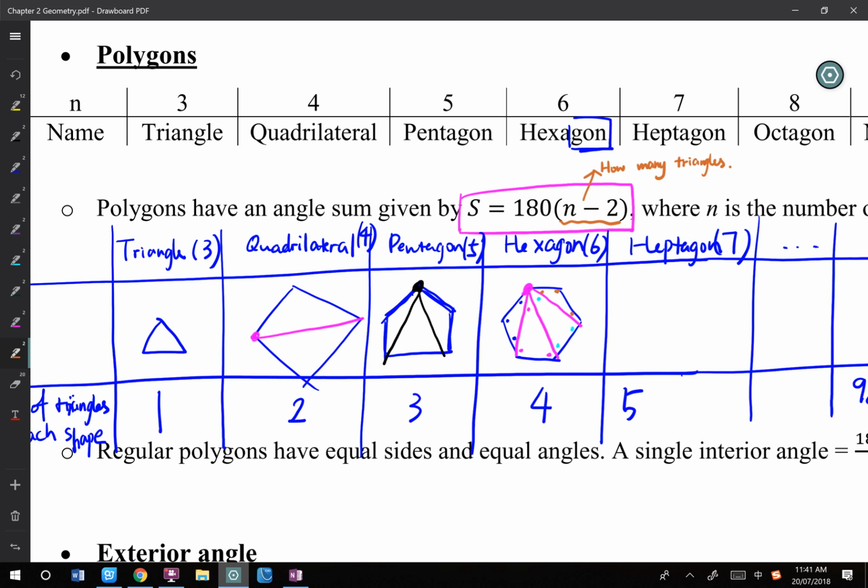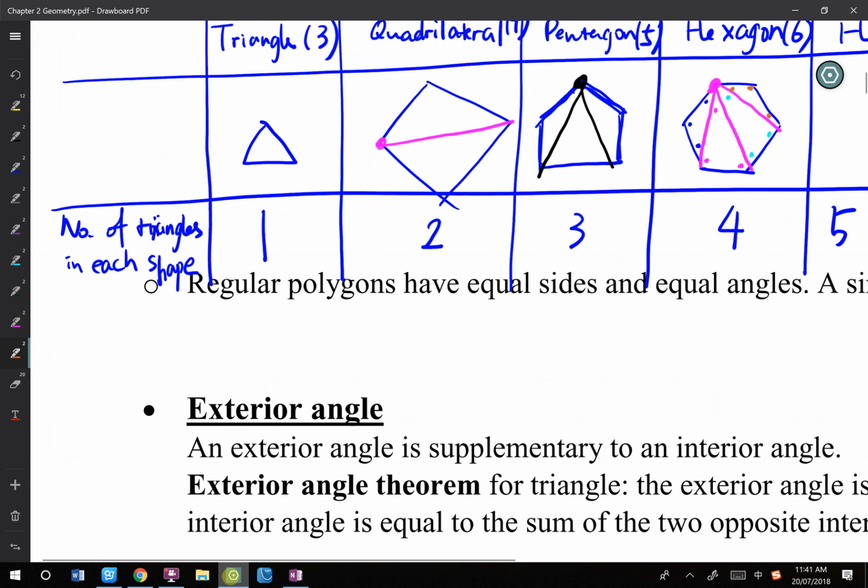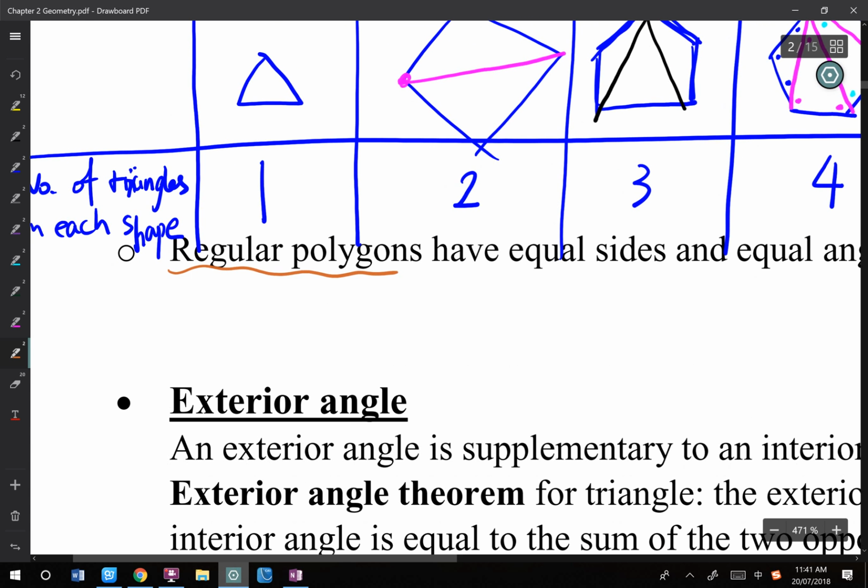It's very important. Okay, now the next definition is we have regular polygons.